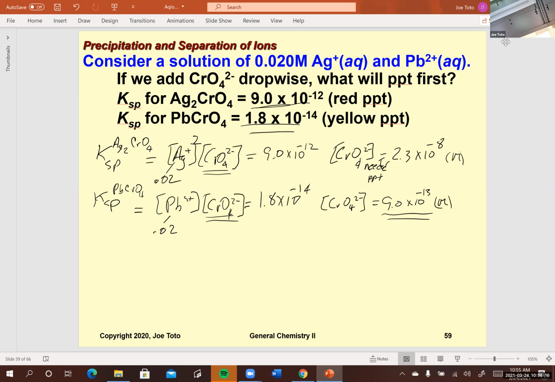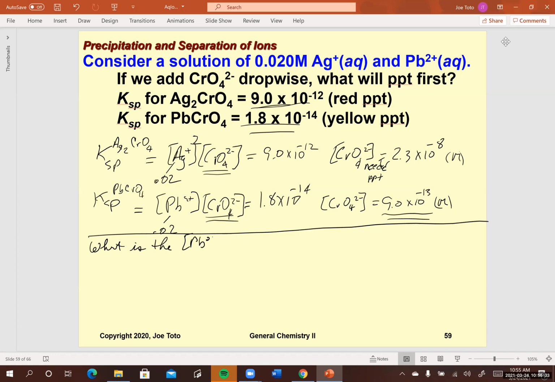The question that's really interesting after this, that you'll see maybe on problems, is what is the lead concentration at the point when the silver starts to precipitate out?